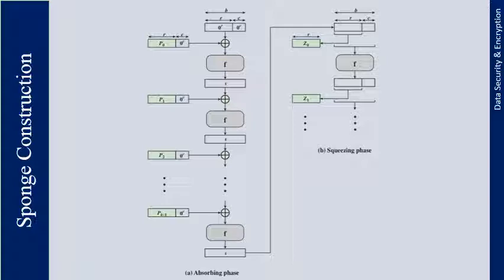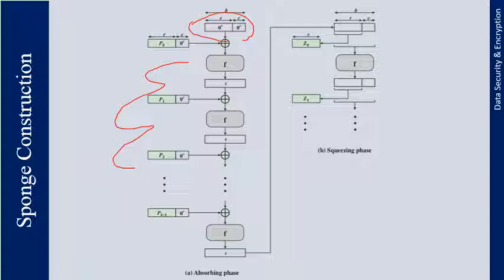So this figure shows the iterated structure of the sponge function. The sponge construction operates on the state variable s, which is of size b, which is equal to r plus c, which is initialized to all zeros and modified at each iteration.